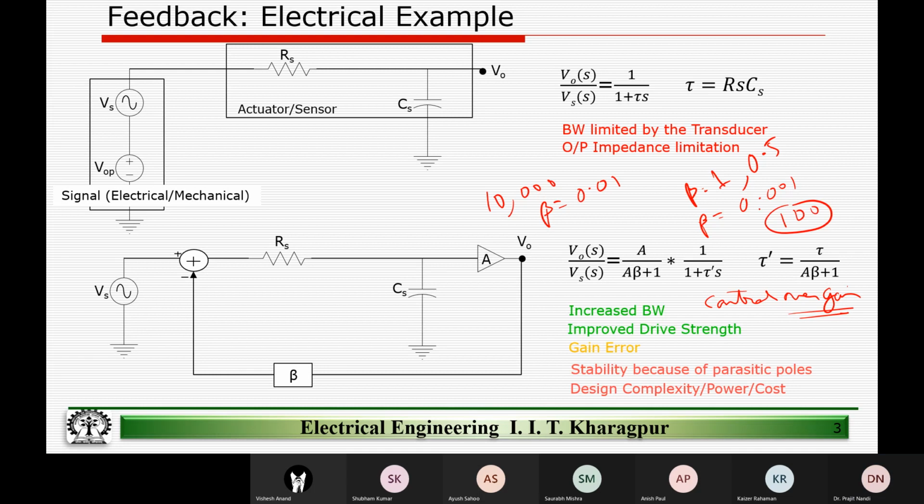So someone can say, A beta is a significant number, right? And I have a closed loop gain of 1 by beta, which is equal to 100. So basically my bandwidth also has improved significantly and my closed loop gain is also big.